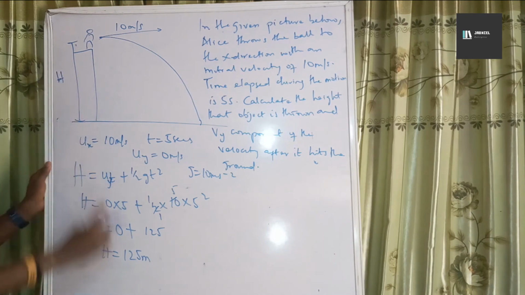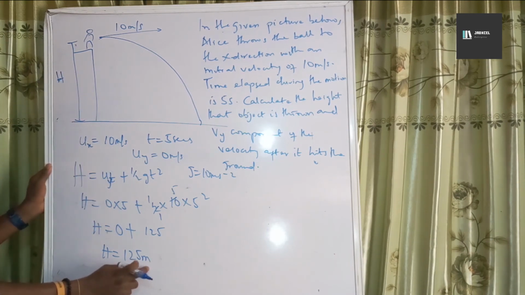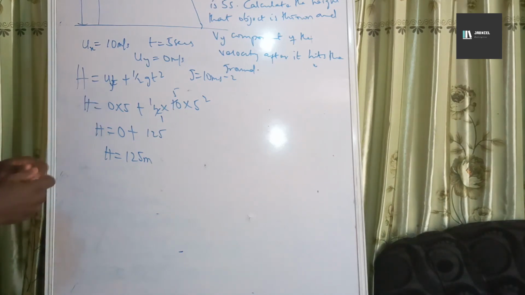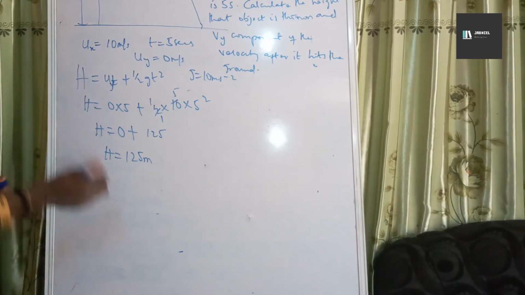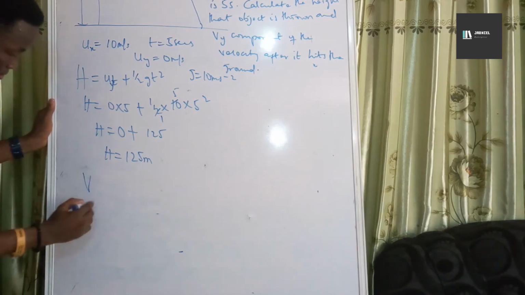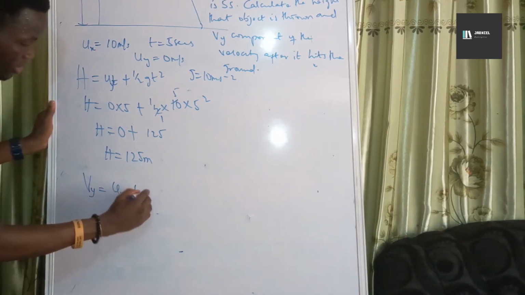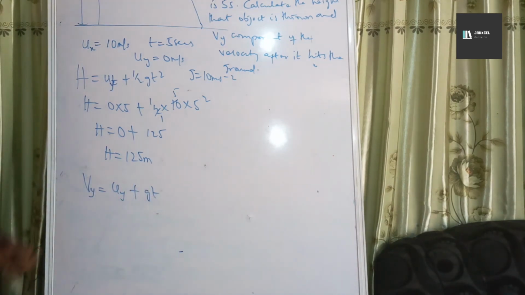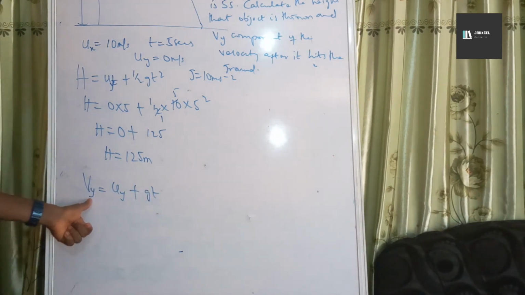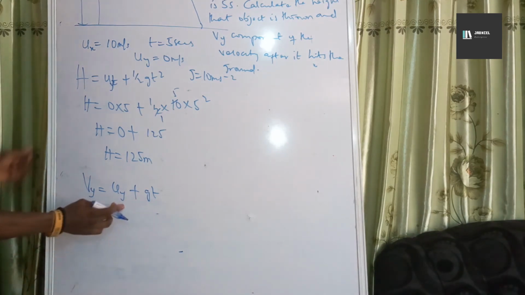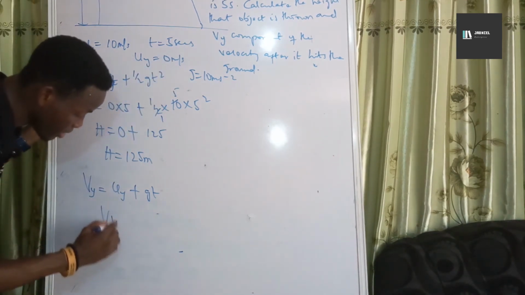Now how do we get the vertical component of the final velocity? First thing first, vy is equal to uy plus gt. Using this now, everything is in vertical motion. Remember that our uy is equal to 0, so we have vy is equal to 0 plus 10 multiplied by 5.